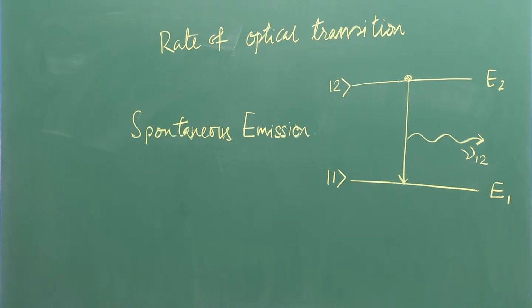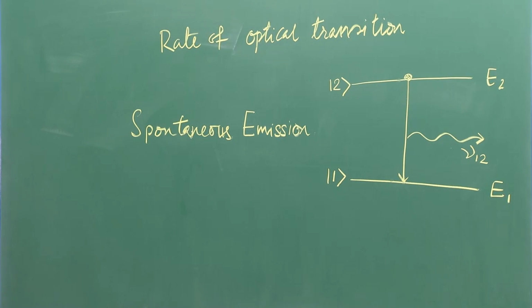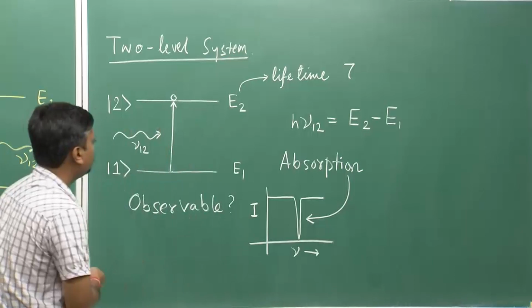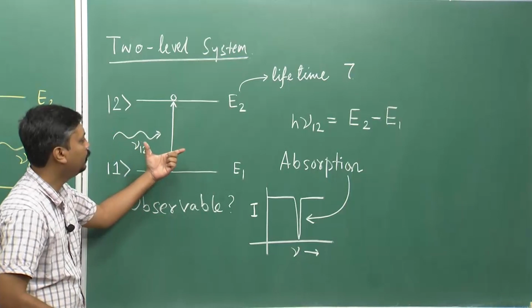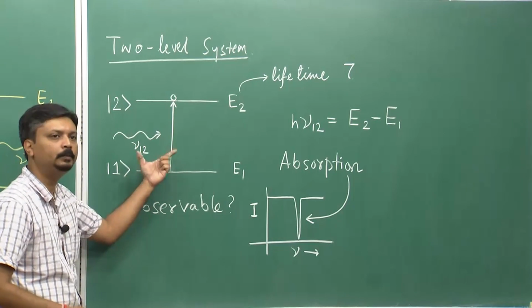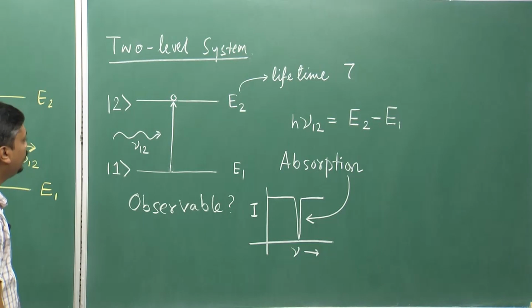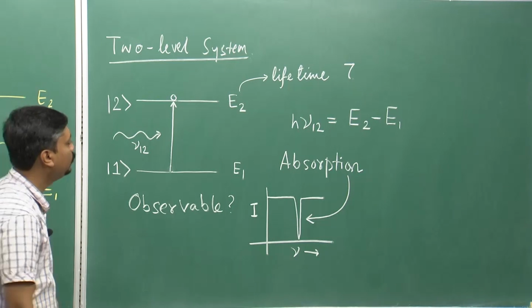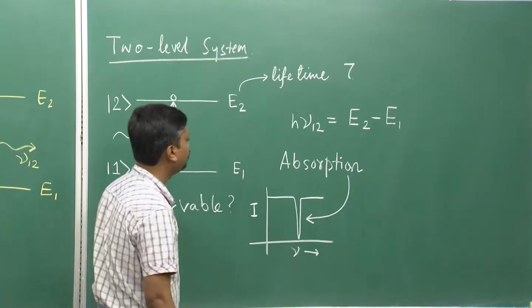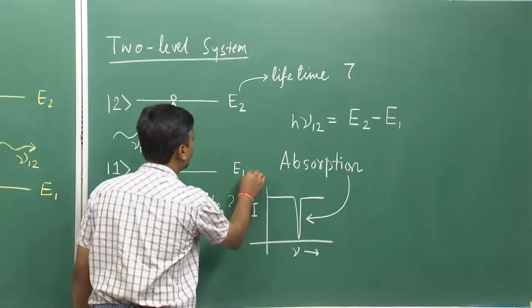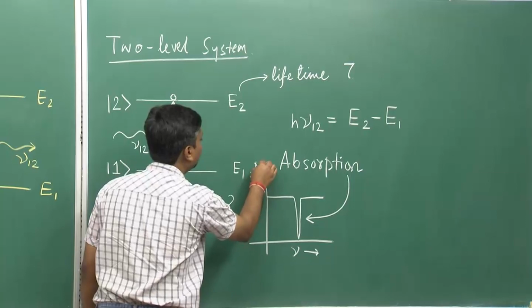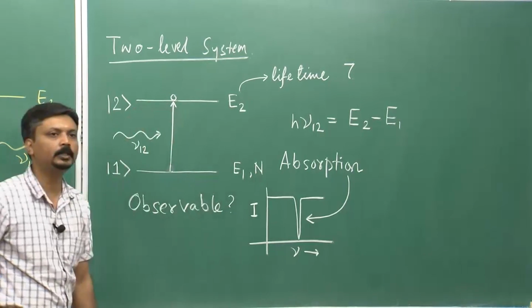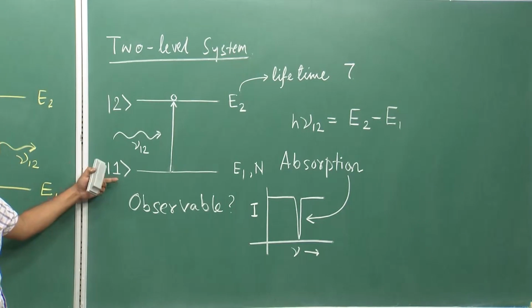So, if we look at the rate for this process, before doing that, we need to define some more things, that is the population. So, the population of atoms in state 1 and state 2.